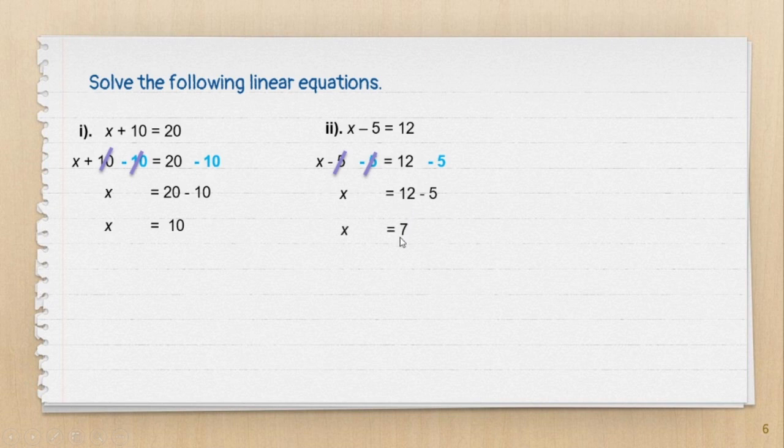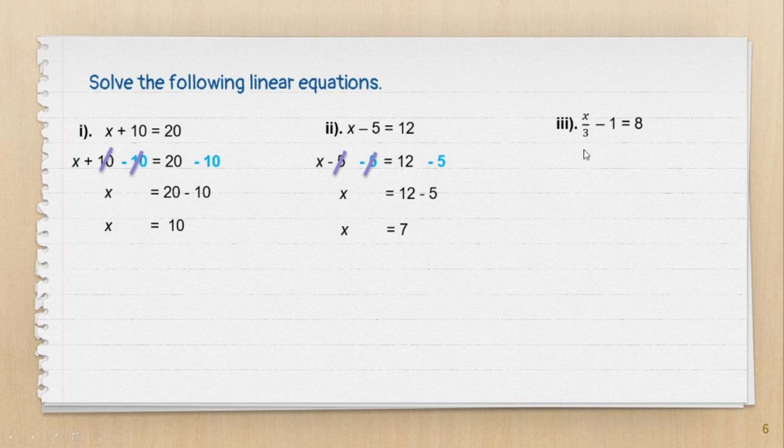This is the third equation. x divided by 3 subtract 1 equal 8. To solve this, I have to make this x the subject. To do that, I have to remove this minus 1 and denominator 3 from the left side. Let's do that.